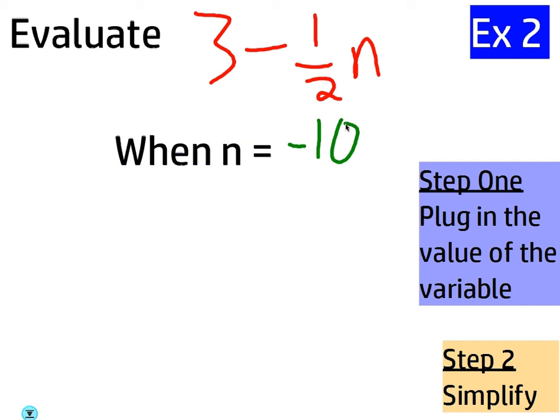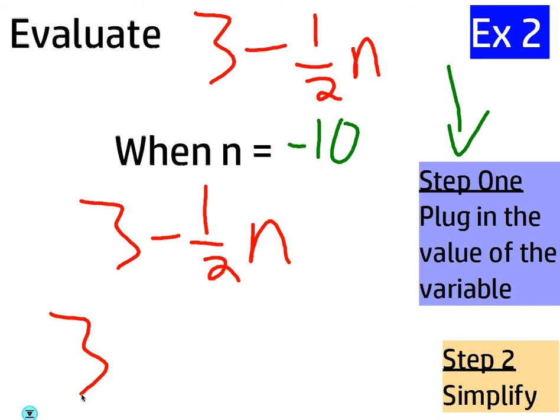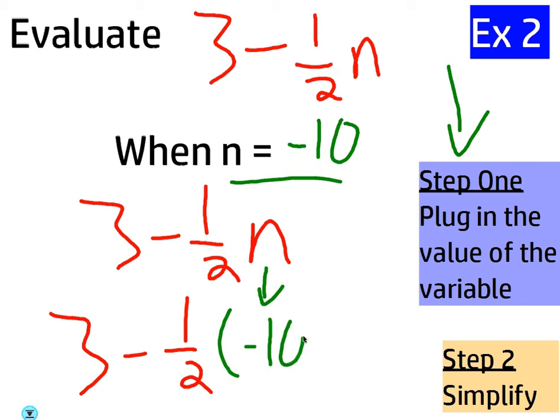So again, whenever you plug a number in, plug it into parentheses. You'll save yourself a lot of trouble. And that's what I'm going to do for this one. Normally I rewrite my expression and then I will plug in. So notice, if n is -10, since there's an n there, I'm going to put it in parentheses and put -10.